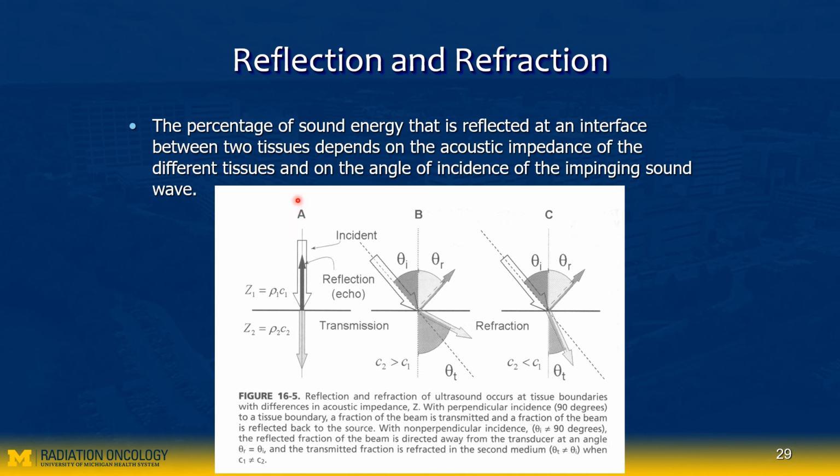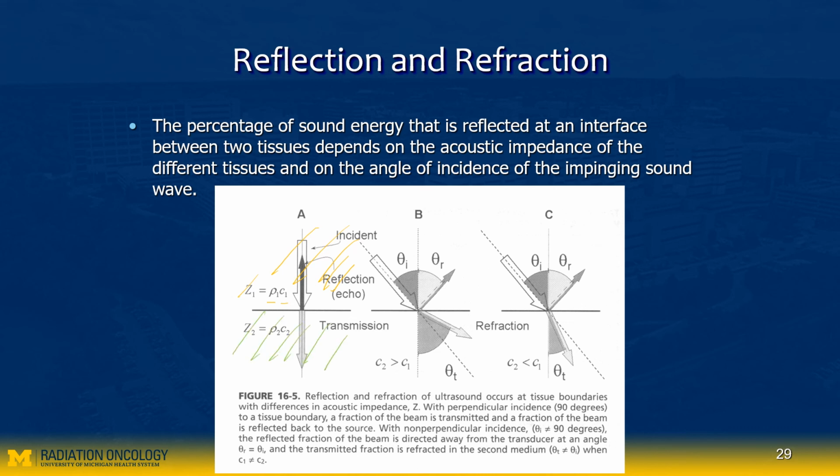Imagine sound is coming from the top, down, and there are two different materials, material 1 and material 2, which have different acoustic impedances. Z1, the material up here, has density rho 1 and velocity of sound C1, whereas down there you have another material like this.